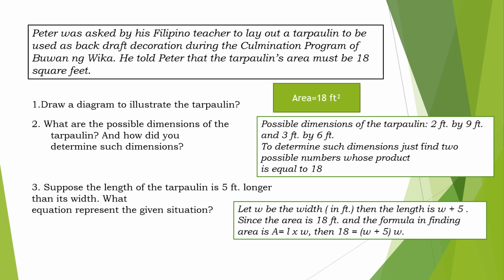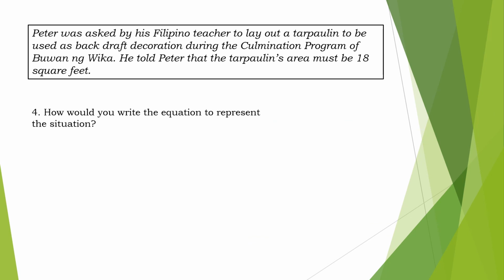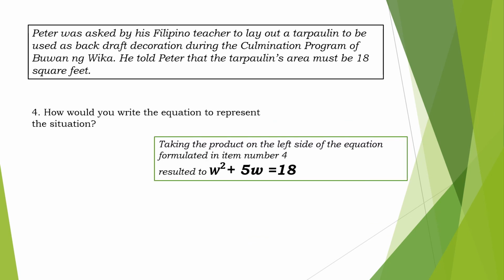So, since the area is equal to 18, and the formula in finding the area is A is equal to length times width, then 18 is equal to (W plus 5) times W. Then how would you write the equation to represent the situation? So that will become W squared plus 5W is equal to 18. So that is how simple to make an equation out of a given situation.